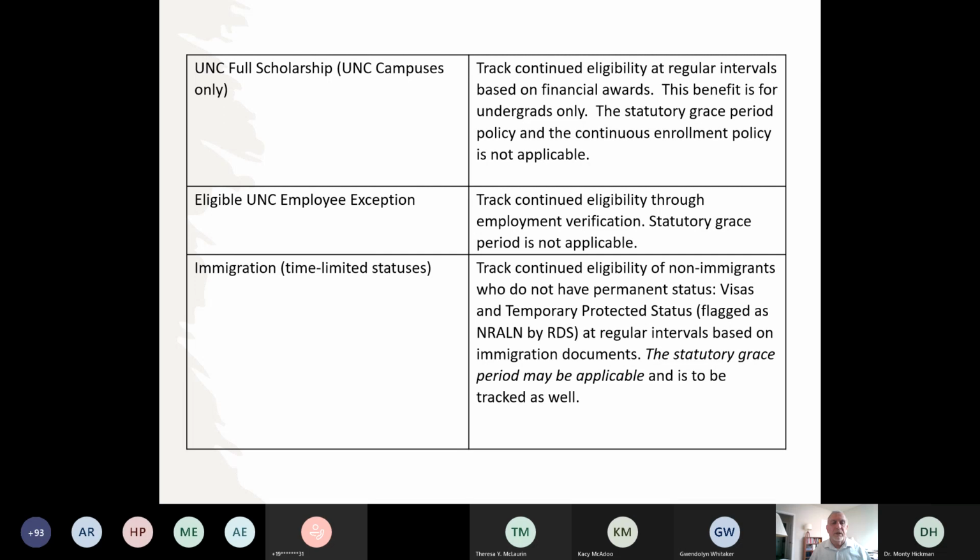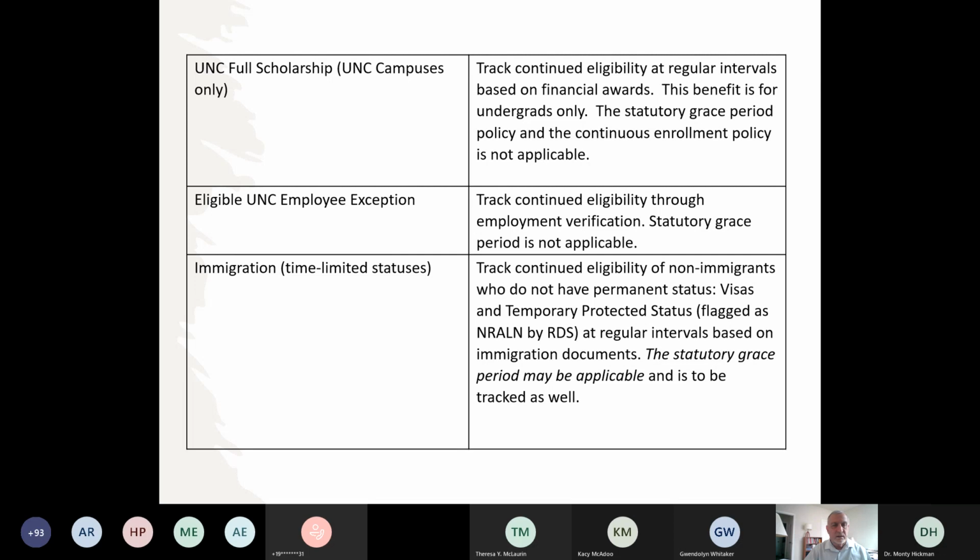Because this is not an exception, it's just a time limit on the regular residency, a statutory period can be given. So if a student expires this month, you can put them on a grace period, which we're going to get to in a second, to give them a 12-month cushion.